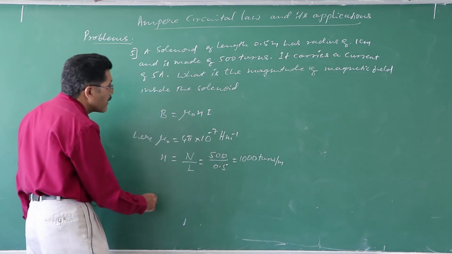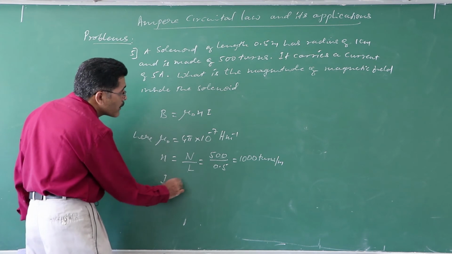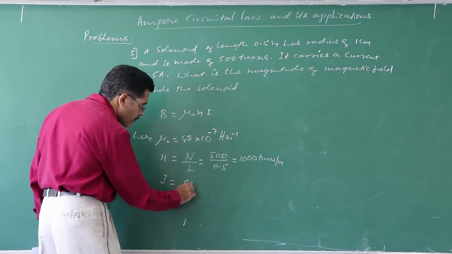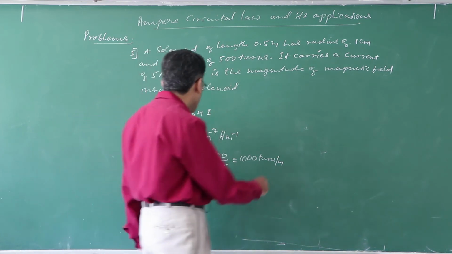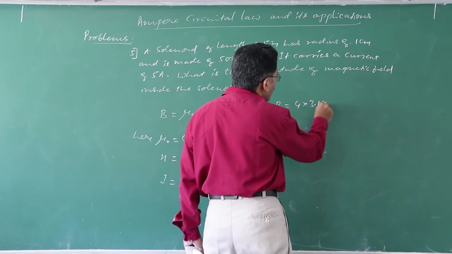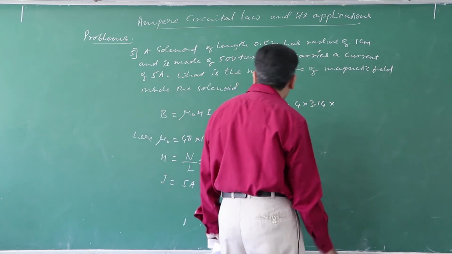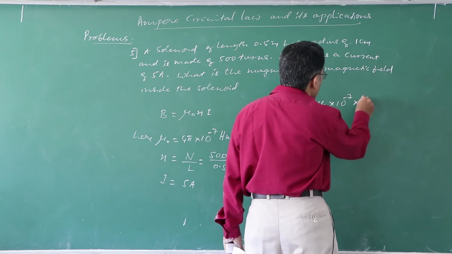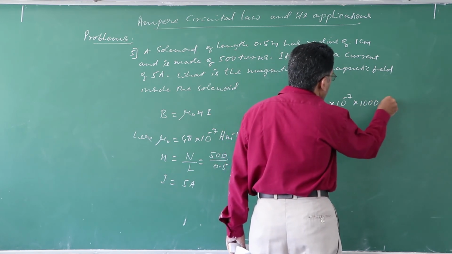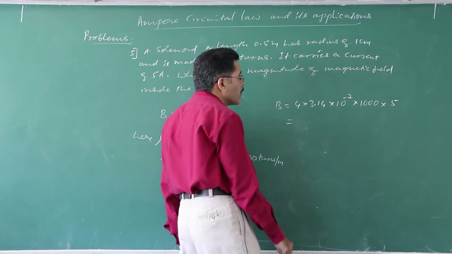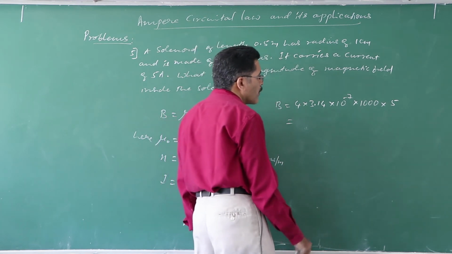The current in the solenoid is 5 ampere. Therefore B is equal to 4 into 3.14 into 10 raised to minus 7 into 1000 into 5.